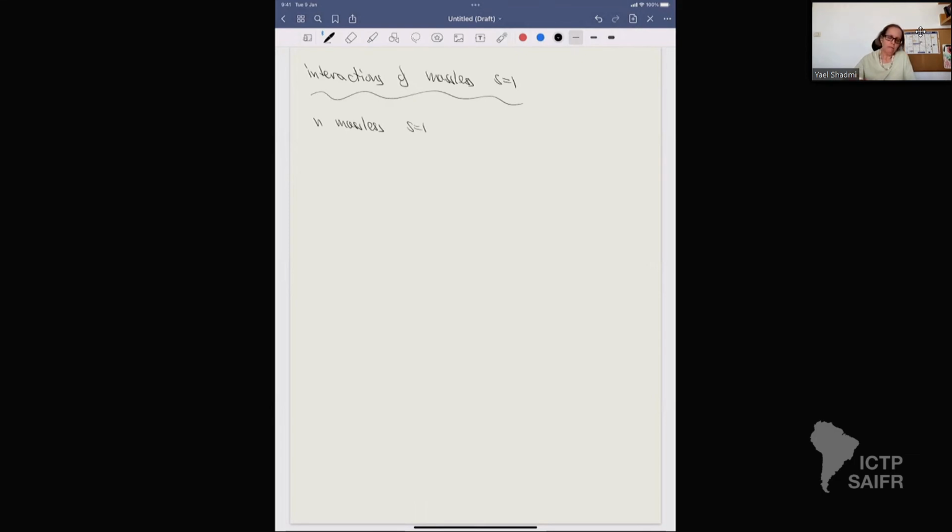Okay, so when we think about their interactions, the first thing that we need are the 3-point amplitudes. So let's construct these. And actually, because it's going to be fairly simple, we're just going to construct all the 3-point amplitudes of massless particles. It's really not very complicated.